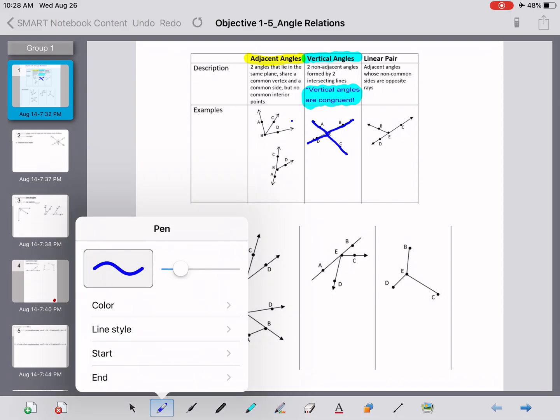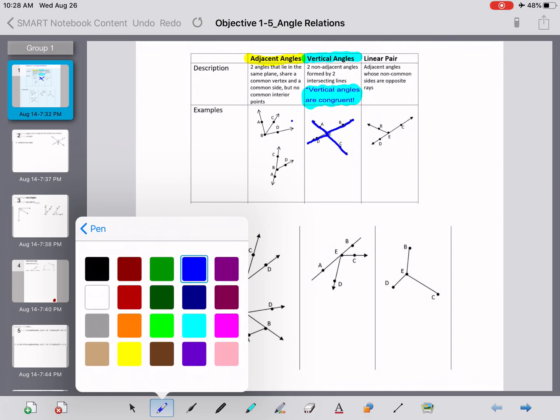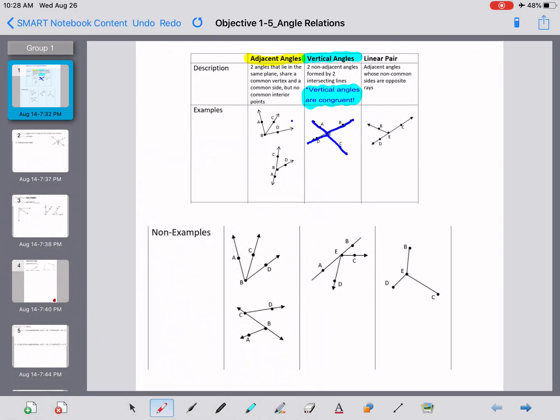And on the other side of that, we could say that angle AEB, so that would be the angle kind of at the top, would be vertical to angle DEC. So I've tried to color code that so you can see how angles across from each other are vertical angles and they're always congruent.